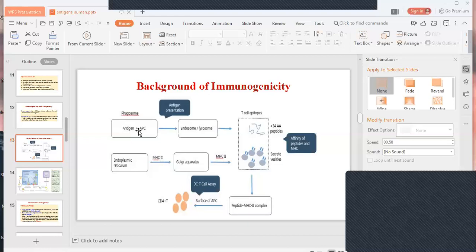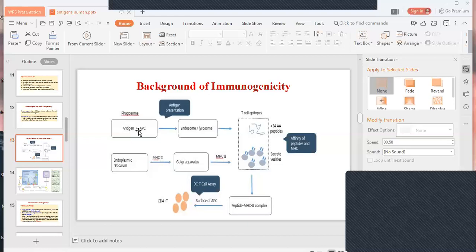So they create the endosome or the lysosome or the phagosome, and these are acidic compartments of the cell.